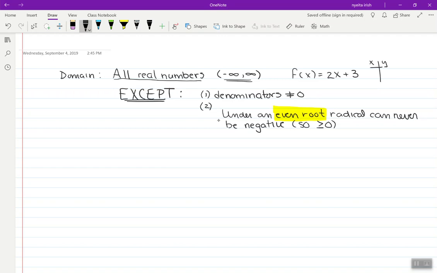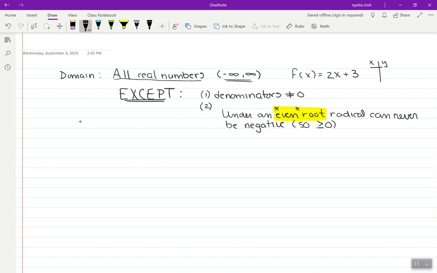Two, under an even root radical, you can never have a negative number. So underneath the radical has to be greater than or equal to 0. It can be any even root: a square root, a fourth root, doesn't matter. We're only worried about the stuff under the radical, also called the radicand, which can never be a negative number.